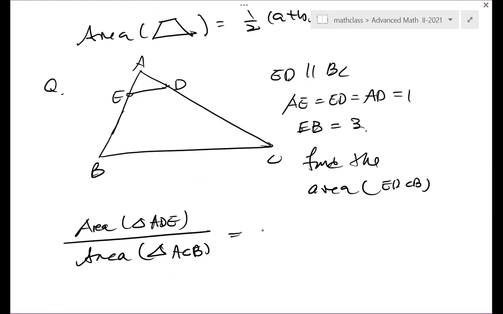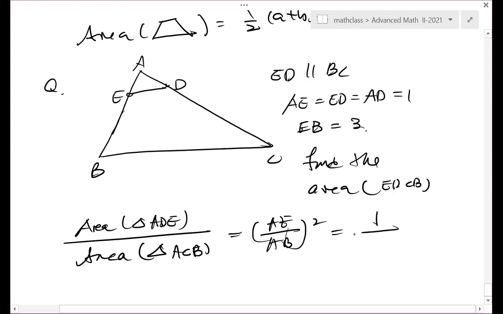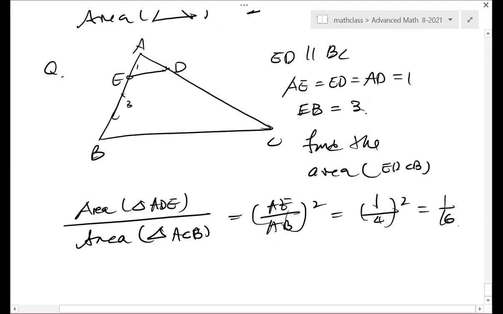This is actually going to be the next topic. That's going to be the ratio of the squares. This side, AE over AB, squared. AE is 1. AB is 3 plus 1, so it's 4. So it's actually 1 over 16. You know, why is it squared? That's a good question.